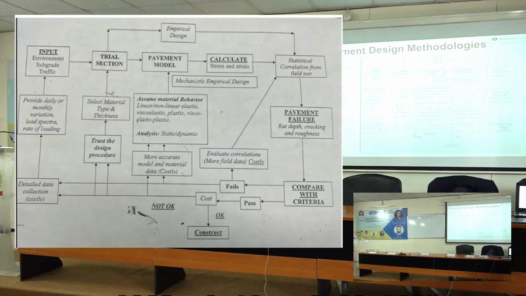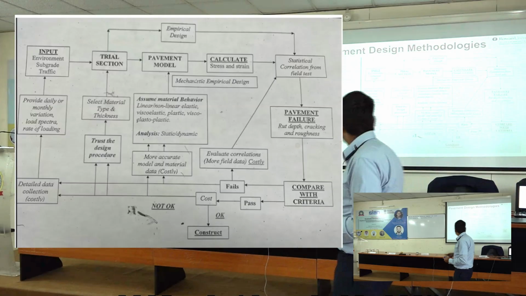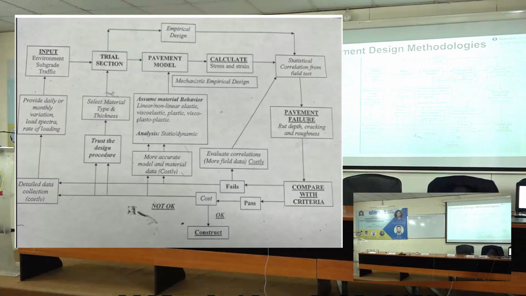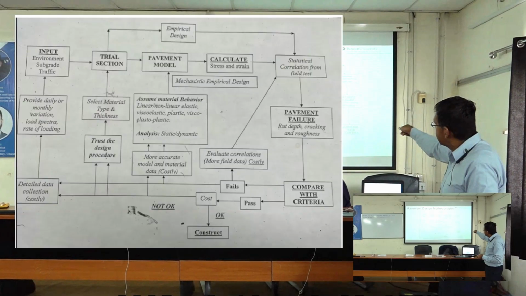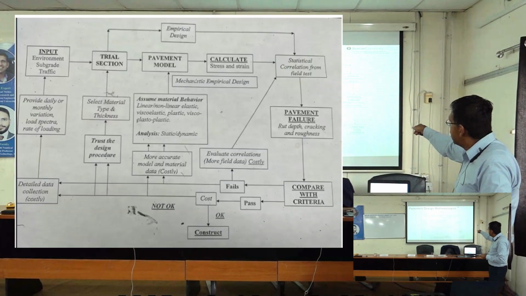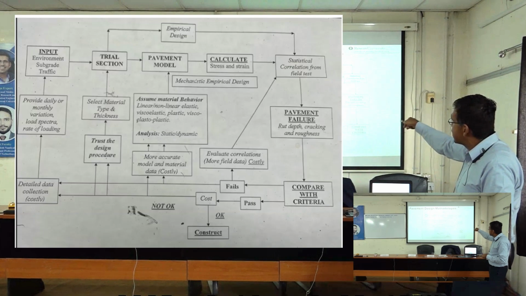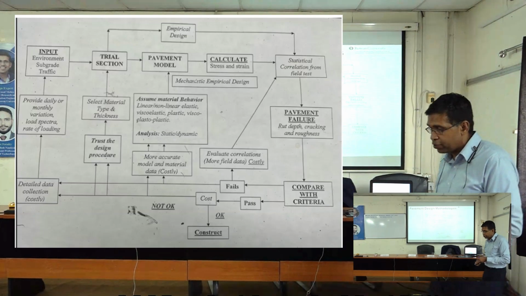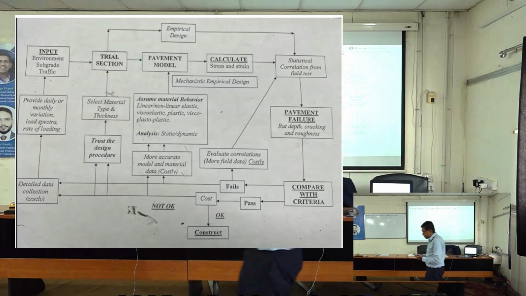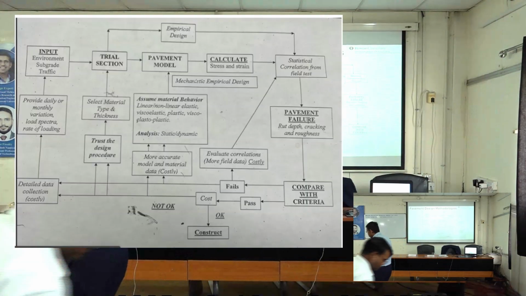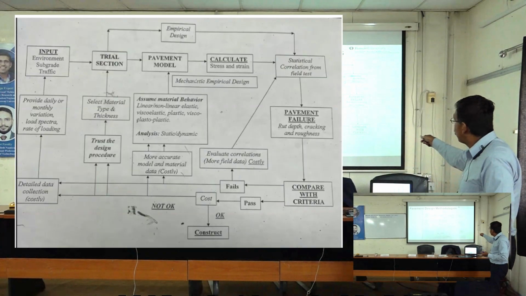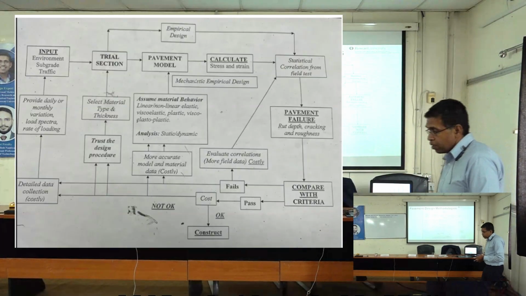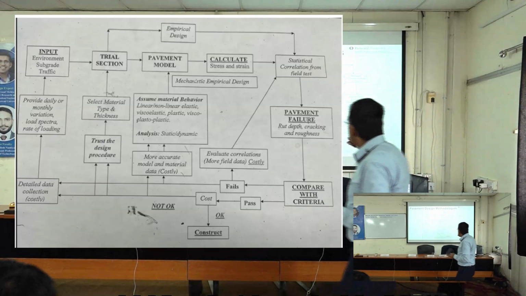You have to make a pavement model where you calculate stresses and strains, and you get your mechanical response. Now, that's the mechanistic part of this analysis. Remember, empirical directly skips that part and goes into field correlation. Here, you have to calculate your stresses and strains, and then the stresses and strains are correlated to field performance. So that's the mechanistic empirical design.